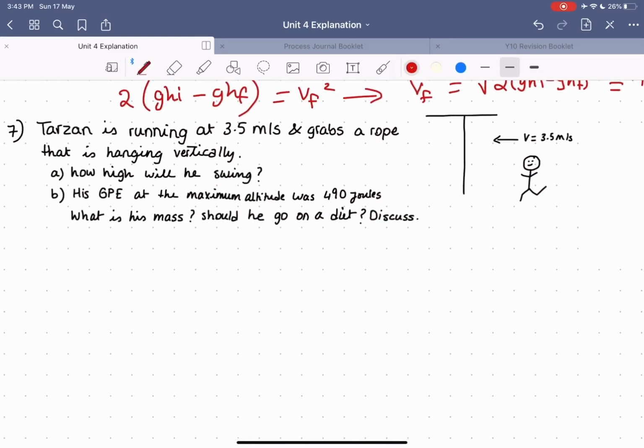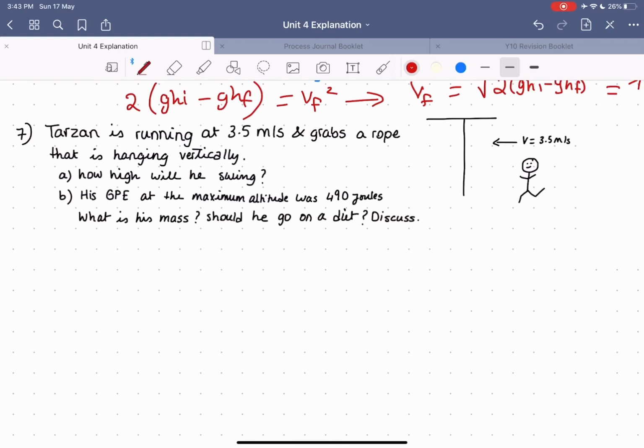Okay. Last question. We have Tarzan who is running at 3.5 meters per second, and he wants to grab the rope that is hanging vertically like that. We want to know how high he will swing. So it will be GPE initial plus KE initial is equal to GPE final plus KE final.